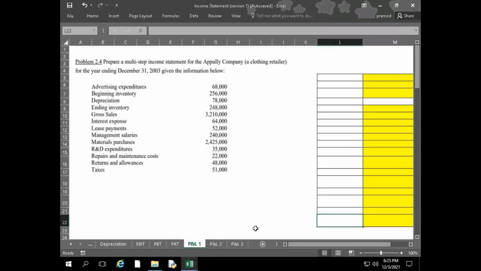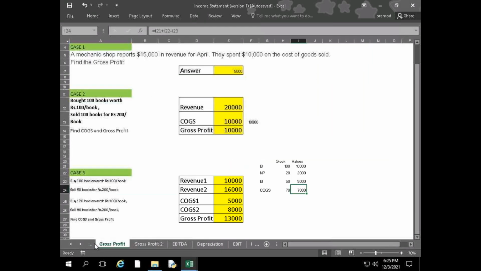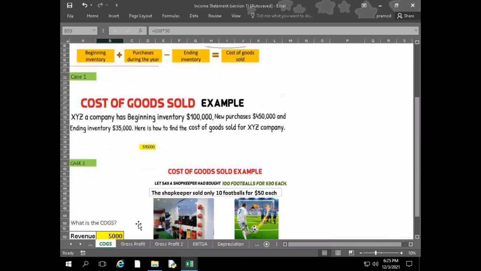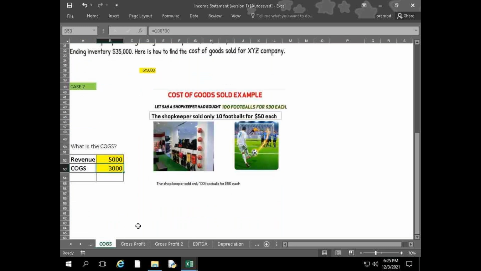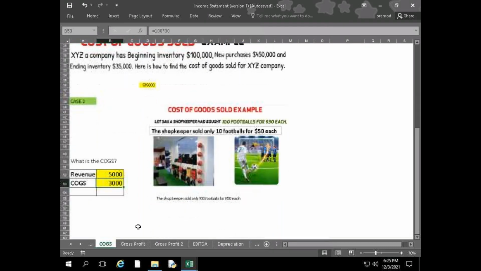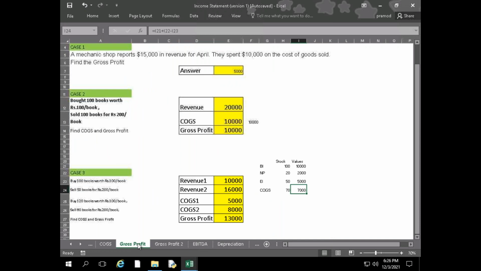COGS, sir, case 3 you show, sir, how much is it? 29,000, how much is the answer? Case 3, there is case 2, only case 2, COGS. Gross profit. You tell how to make this gross profit, sir, the formula.